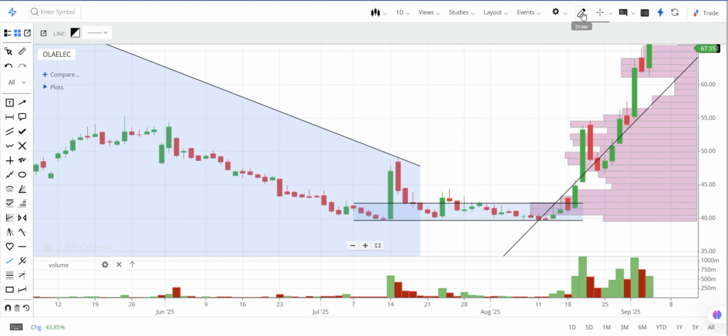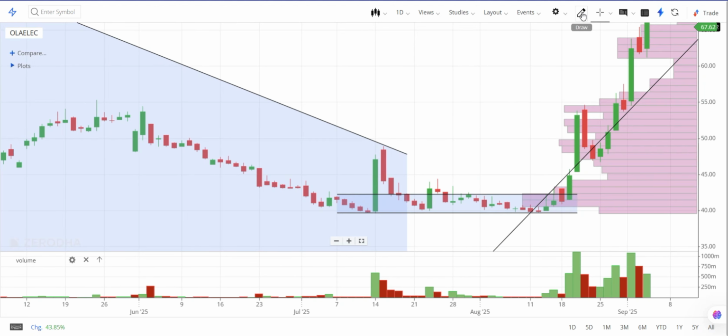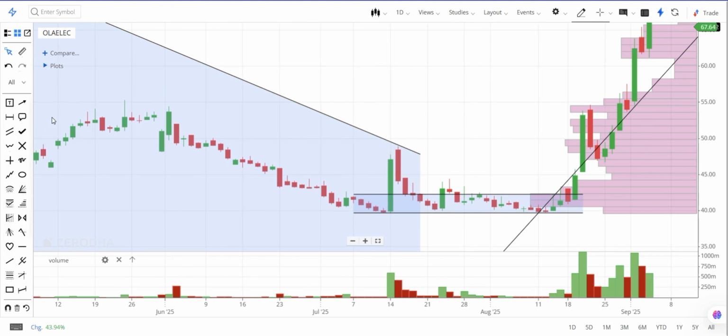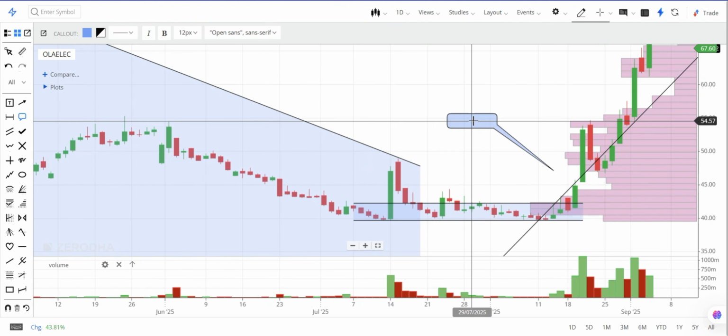We have to enter the market when the price has taken off from the runway part to the takeoff part. So if I do a marking over here, this is the marking.